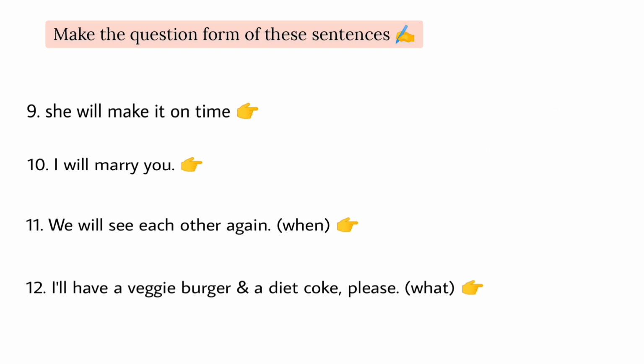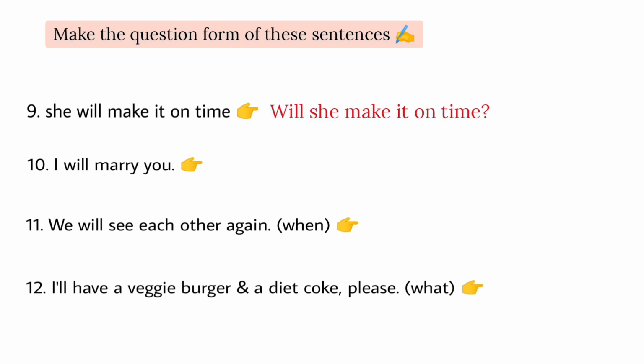Okay, for these sentences, we have to make the question forms. And to make questions, we know that we have to bring will to the beginning of the sentence, before the subject, and everything else remains the same. She will make it on time. If I want to make it a question, I will bring will to the beginning of the sentence.